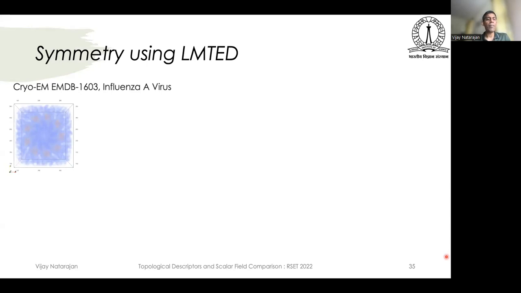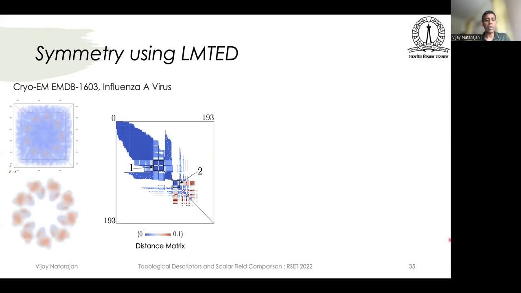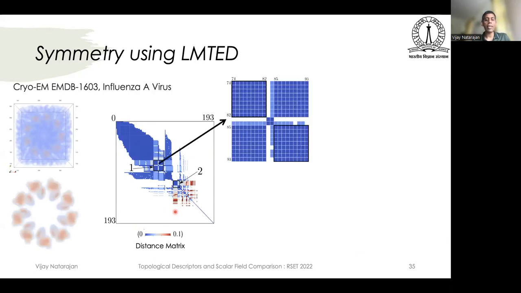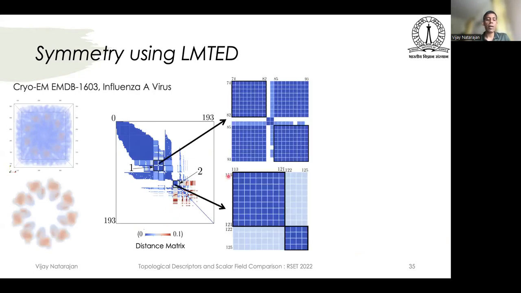With LMTED, we are able to remove this restriction and explore the set of all subtrees and generate such a distance matrix that helps us further analyze and understand what are symmetries at different length scales.